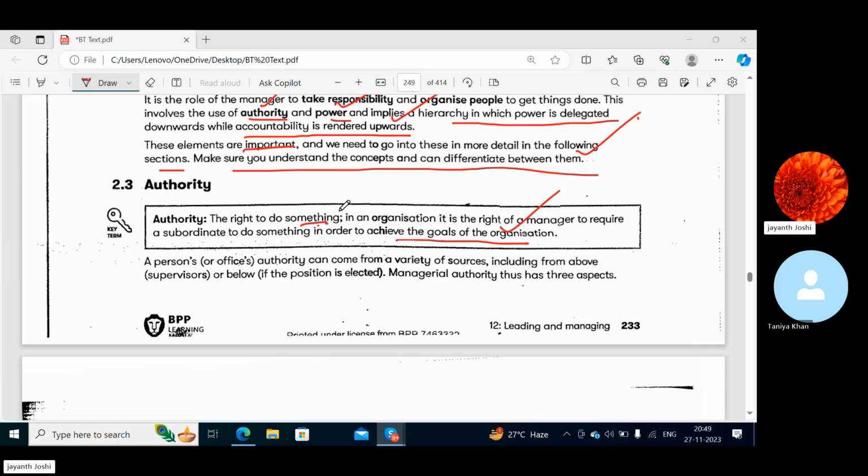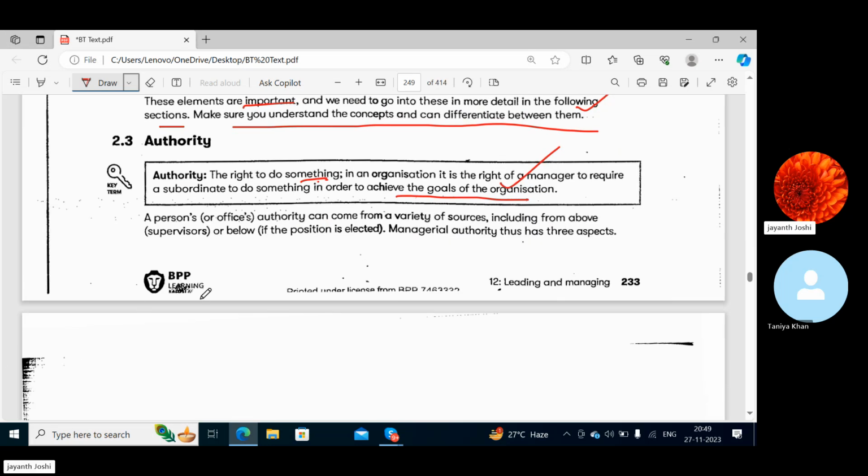Yes, they will be getting the things done, right? So a person's or office's authority can come from a variety of sources, including from above, from supervisors. Supervisors have some people under them, or it comes from below, where the position is elected.